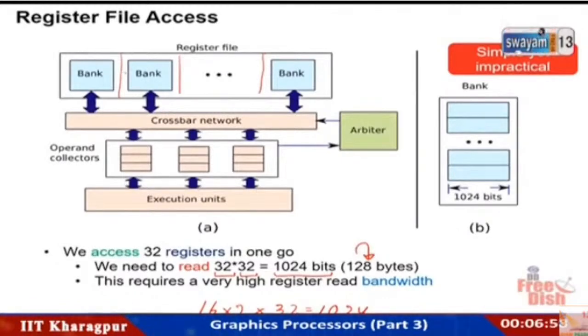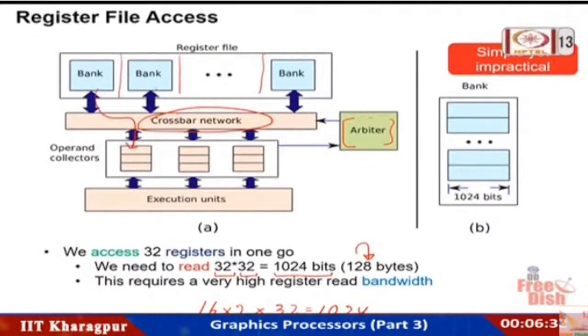If it keeps 128 bits, then across 8 banks, the data will be distributed. So we'll need to have an elaborate network. That is what the crossbar network is, which is controlled by an arbiter circuit, to access all those banks which have the data, read them or write them. Let's look at read, because read is more performance sensitive.